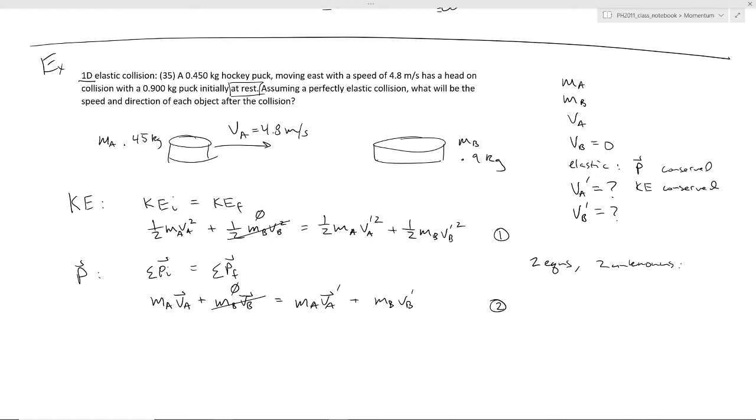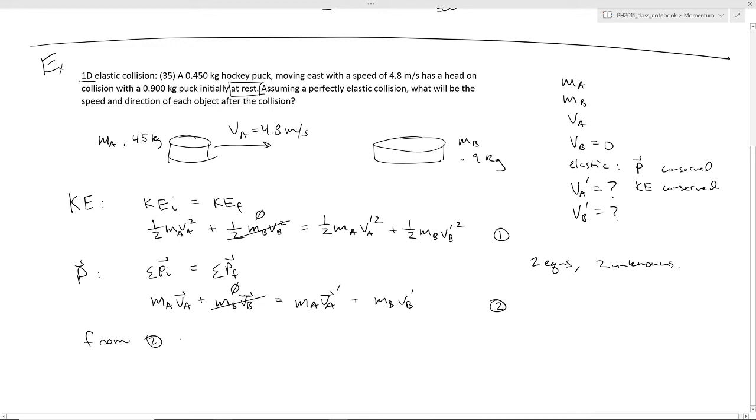There are, of course, more than one way to go about this. How about we do this? We're going to solve our second equation for VB prime, and then we'll substitute it into the first to eliminate VB prime. The reason is that if we were to solve the first equation, we would have to take a square root. So I think this will be a simpler approach, but it's not unique.